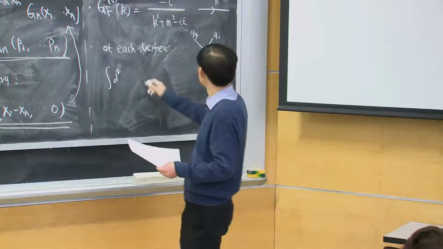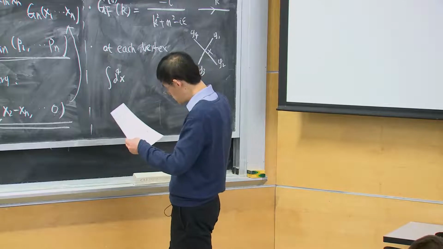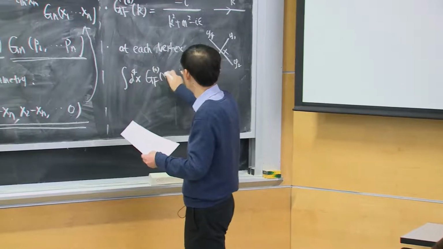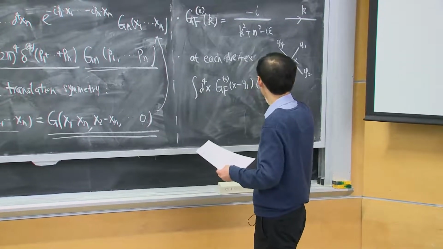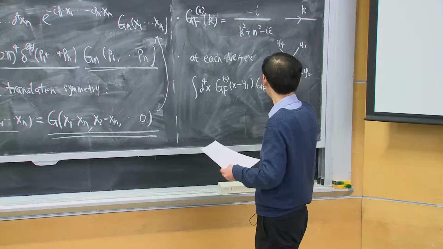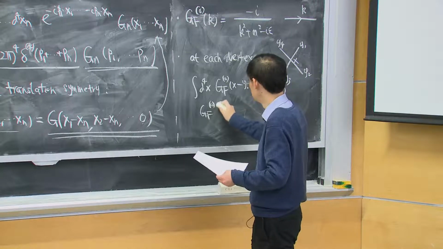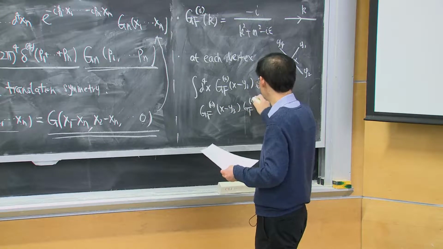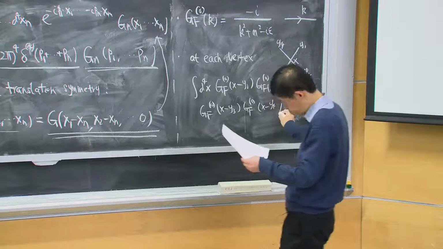And then at such a vertex we will have an expression like this: G_F0 of x minus y1, G_F0 of x minus y2, G_F0 of x minus y3, and G_F0 of x minus y4, okay?